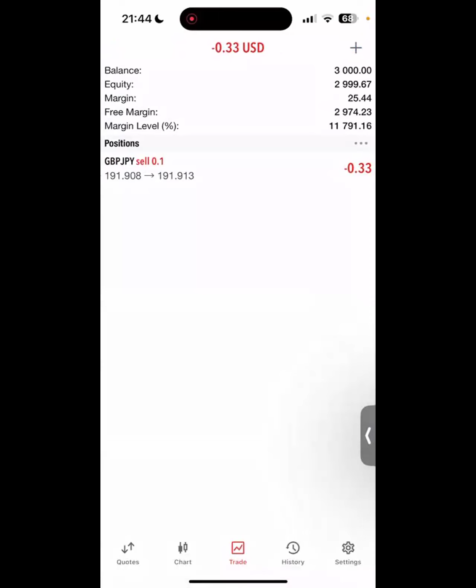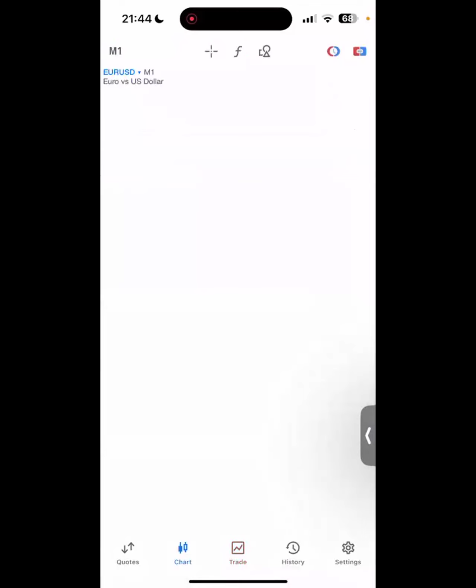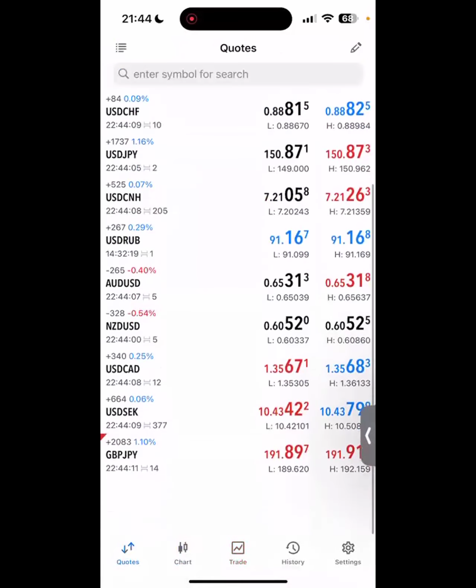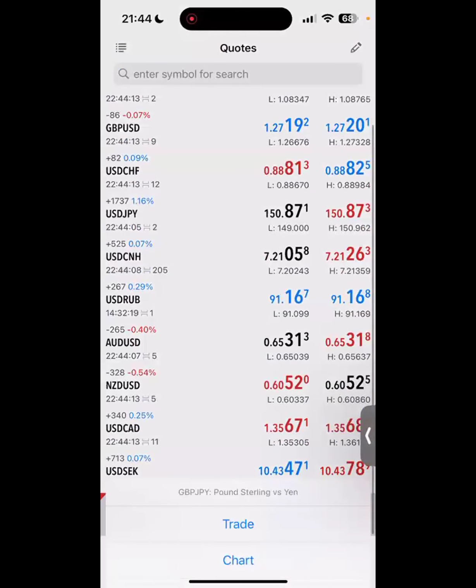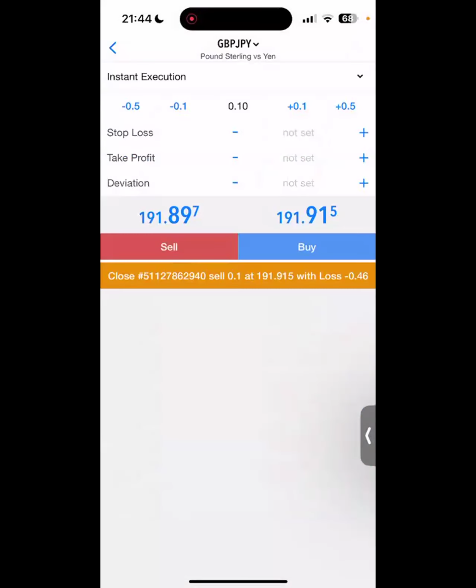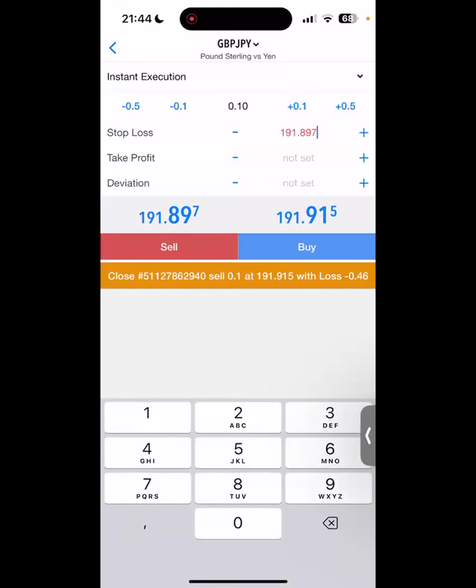Yours demo used to confuse me. Come to chart. Come to quotes. Okay. So click the pair. Click trade. Right? So change your lot size, sorry.